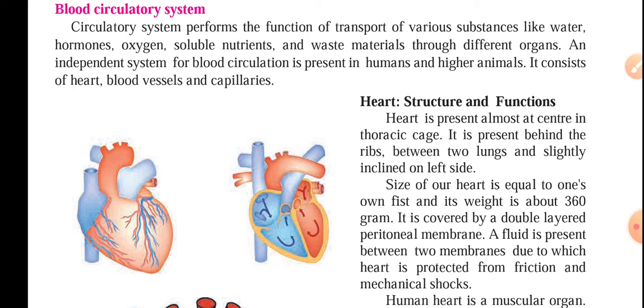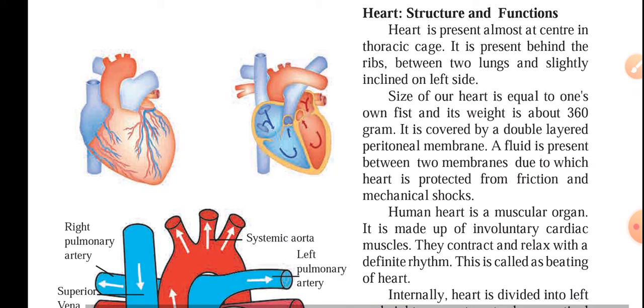And from the food we eat, all the nutrients are absorbed, mixed into the blood, and that blood should reach each and every cell. And that work, the pumping of the blood to each and every cell, is performed by the heart. So the heart, its structure and its function, we are going to see in this particular topic.